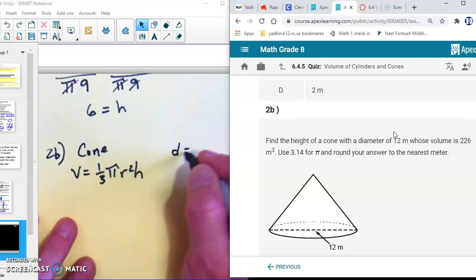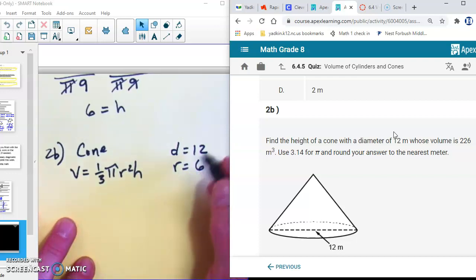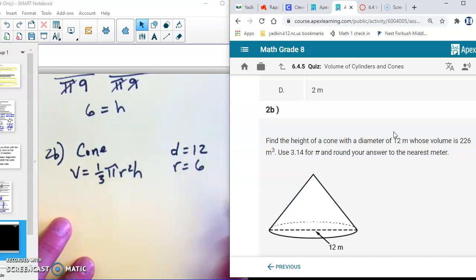Okay, if the diameter is 12, then what's the radius? It is 6. The radius is half of whatever the diameter is. Okay, so our radius is 6, whose volume is 226 meters cubed. Use 3.14 for pi and round your answer to the nearest meter. In other words, the nearest whole number.